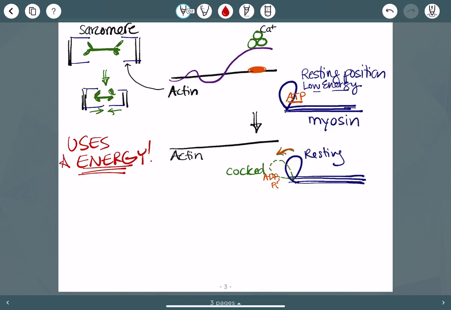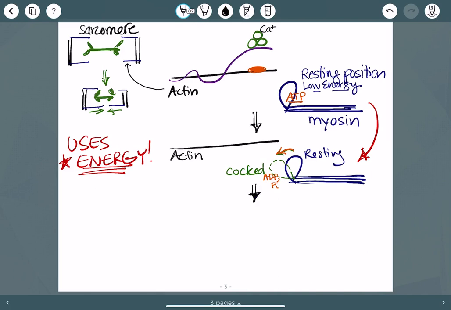And we'll go back to that because that's a concept that gets a little sticky for students. We have used energy to take the myosin head from its resting position into this high energy configuration. We used ATP to pull our slingshot back so that we can have that stored energy for whenever we want to release it. So what happens next?